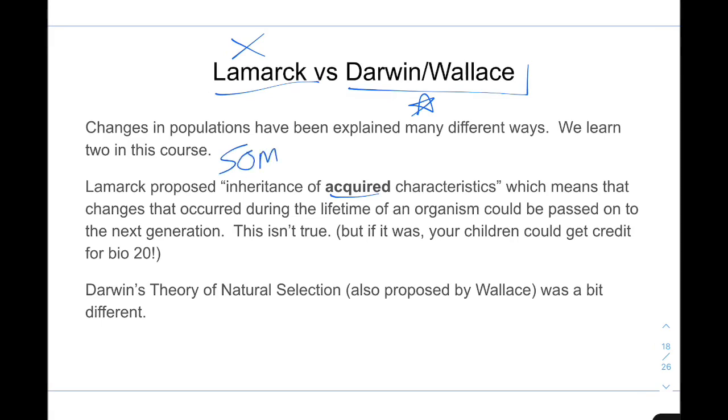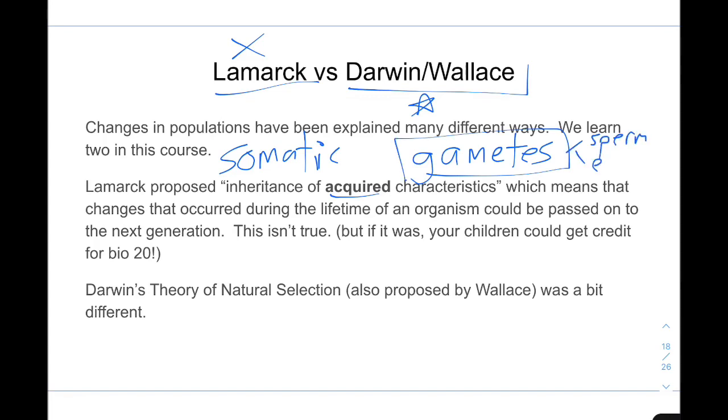Somatic cells means all of the cells of your body that are not gametes. Gametes, which are sperm and egg, these are the ones that are carrying the pieces of DNA that will actually be inherited from one generation to the next.